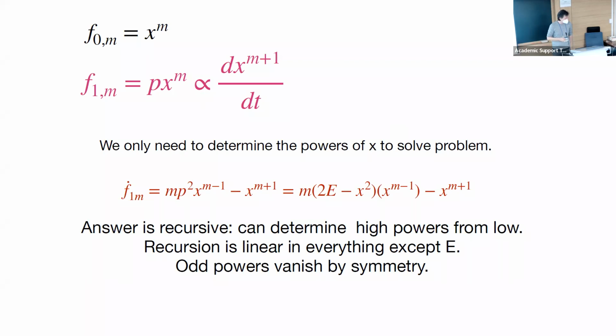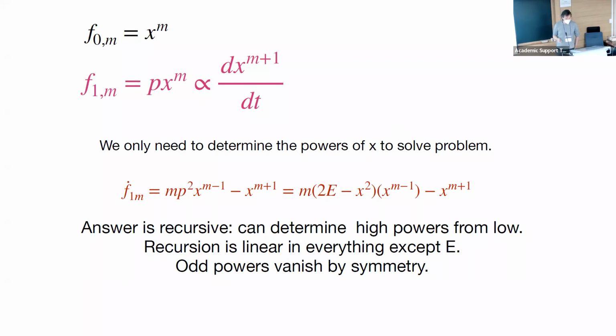And then just because something is 0 doesn't mean that its time derivative is trivial. I mean, it is 0 as a function of time because this is 0 as a function of time. But on the other hand, algebraically, the time derivative of P times X to the m is non-zero. So what we find is that this other expression over here, this time derivative, is non-trivial.